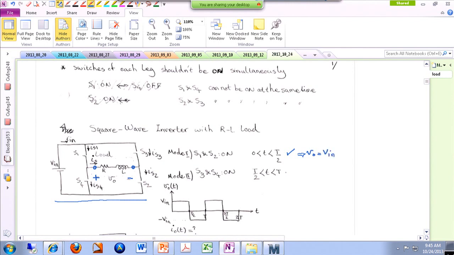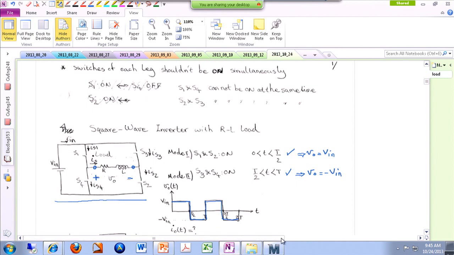And for the second half, we have S3 and S4 on, therefore Vout is the negative, the opposite of Vin. So if you look at your output voltage, I just drew it earlier, it looks like this. So we already know what the voltage looks like. Now let's focus on finding the output current.